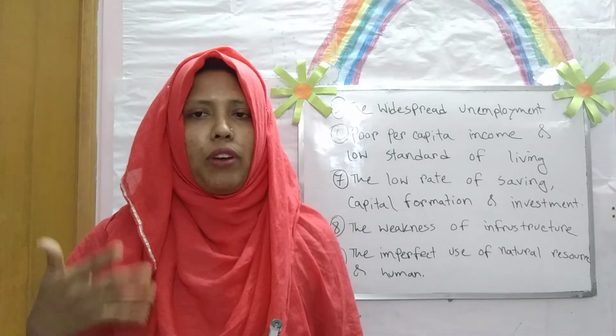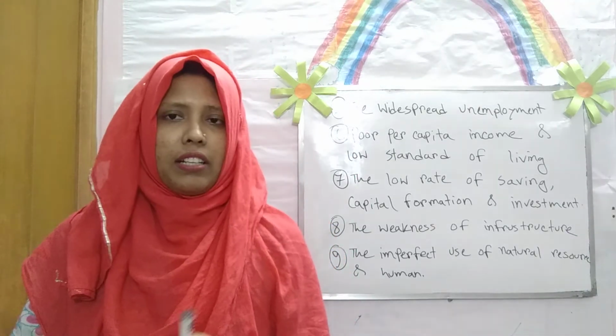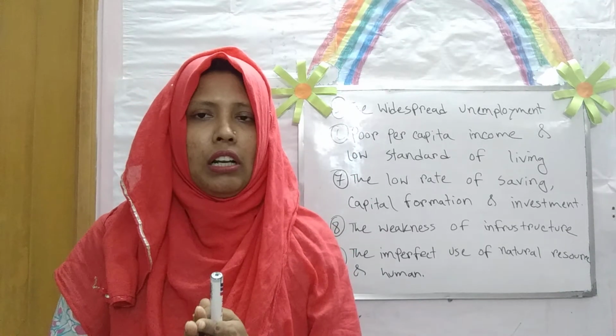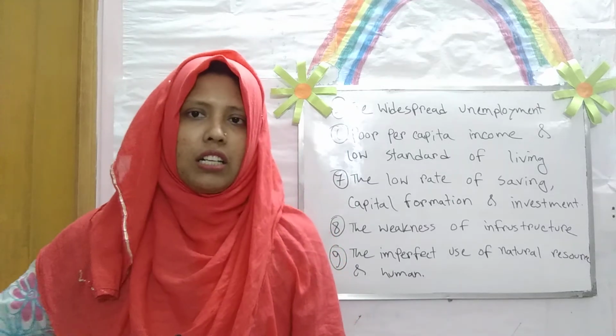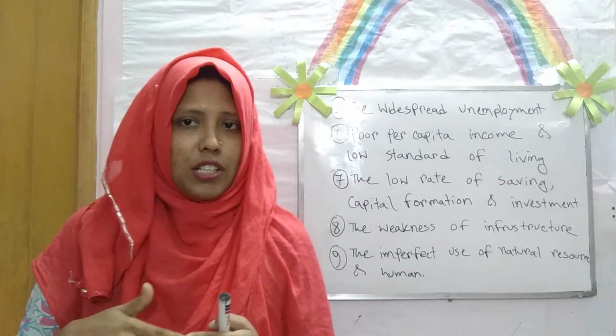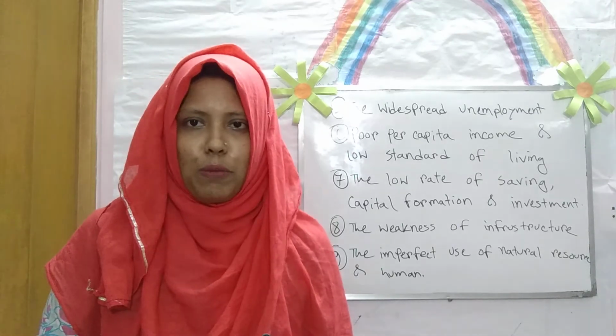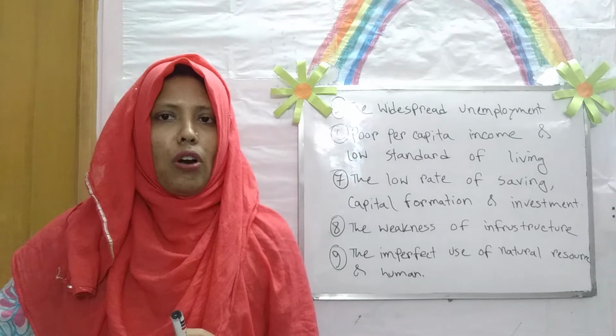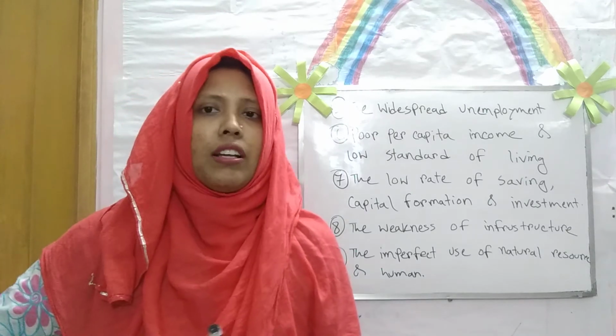And when their capital investment is a small portion, their production level is also a small portion. When their production is small, their income is also small, and they are not able to save.